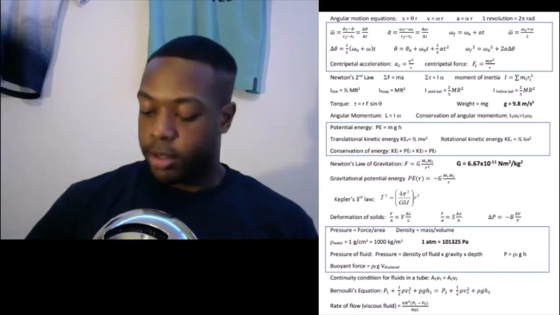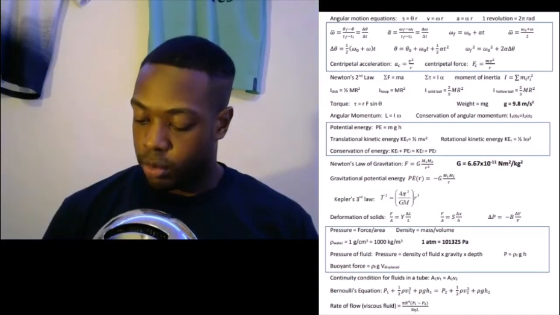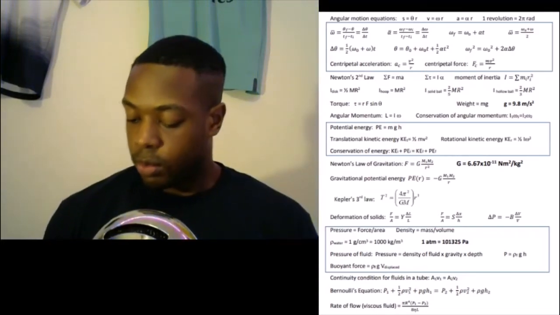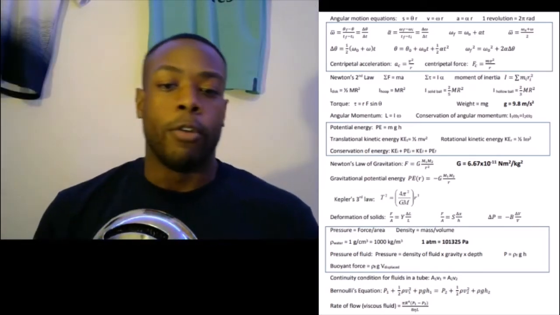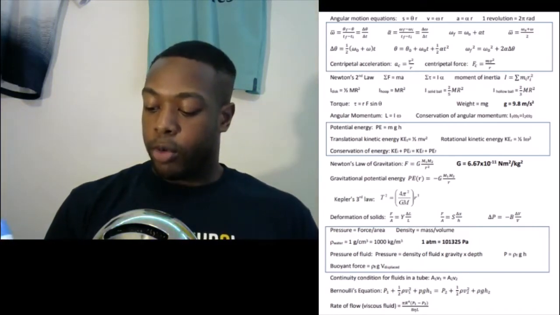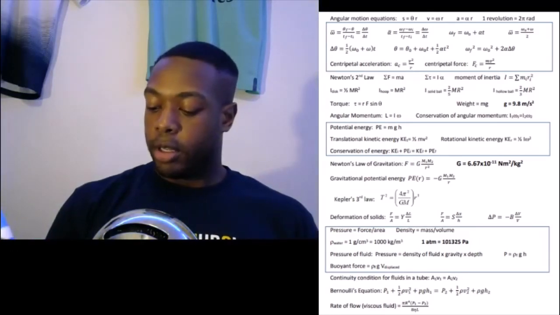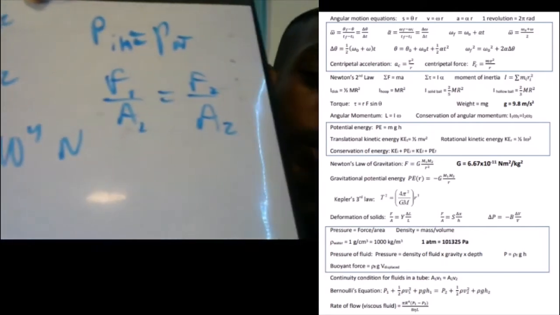Let's actually do this. It's not overly complicated there. The idea though is pressure equals force over area. So what we're going to do is force over area 1 should equal force over area 2.